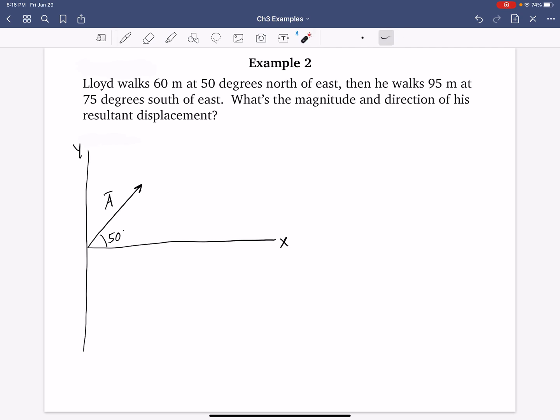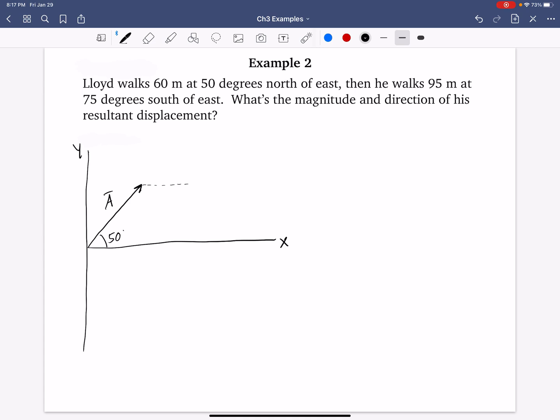So that means from this point here, we need to determine this angle. I'm going to do that by drawing a mini axis from right there. That's also due east, and then he needs to go 75 degrees south of that.